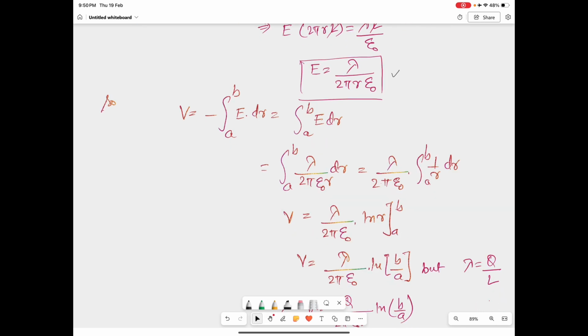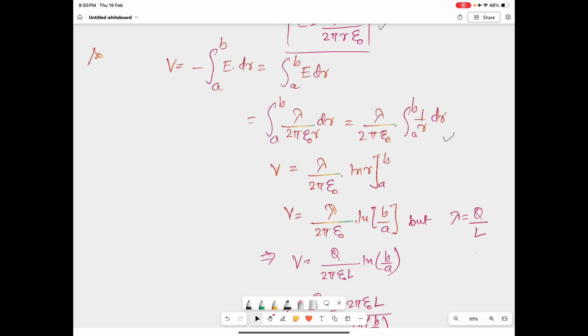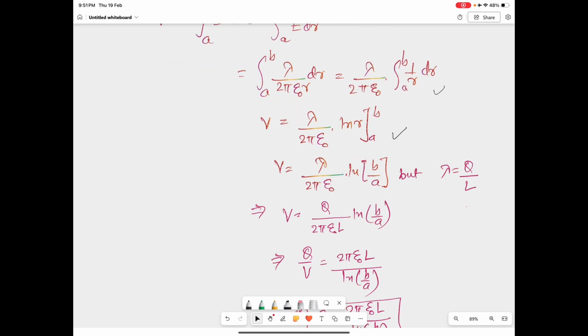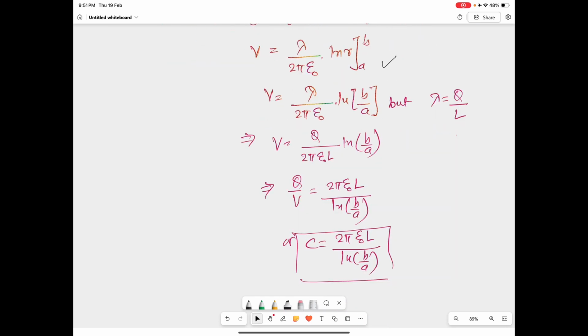So this is an integration of lambda upon 2 pi epsilon naught r dr. By using the formula of integration, we get the natural log of r from a to b, so V is equal to lambda upon 2 pi epsilon naught ln b by a, which is simple mathematics. But lambda is nothing but Q by L, so substituting that, Q by V gives 2 pi epsilon naught L divided by ln of b by a, which helps me find the capacitance.